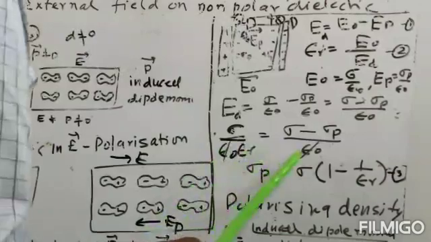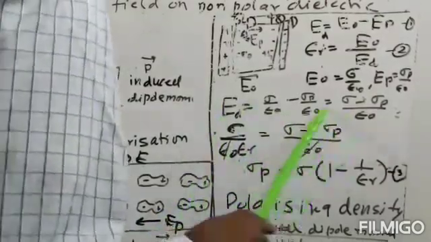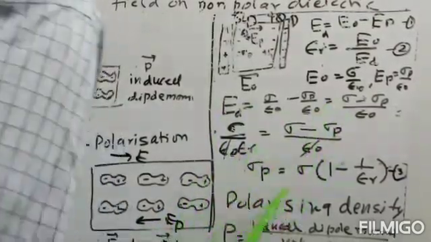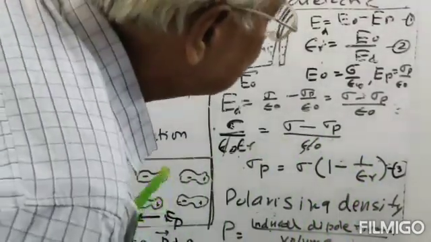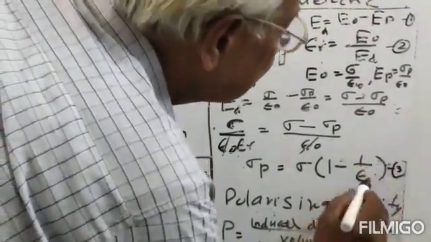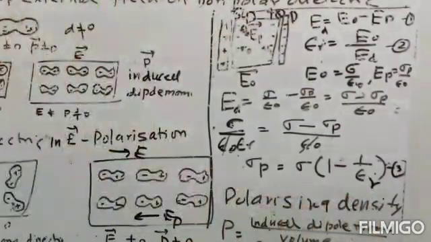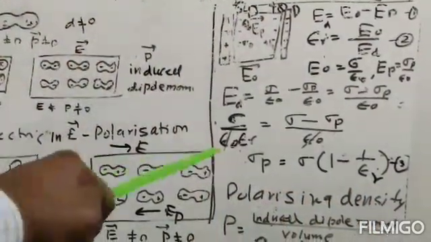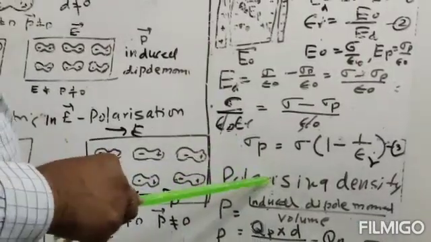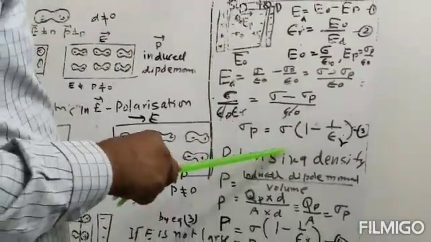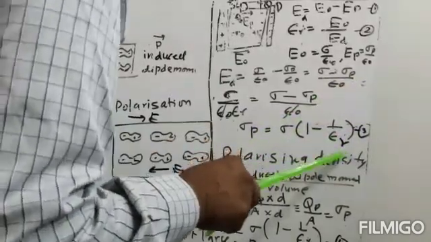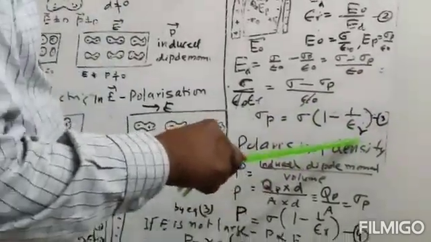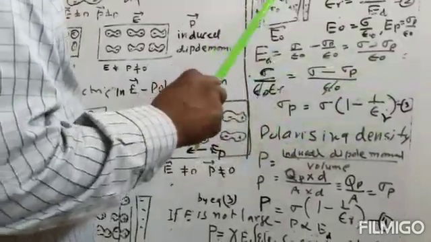So here epsilon 0 will be cancelled and we can find the value of sigma p. Sigma p will be equal to sigma times the bracket 1 minus 1 by epsilon R. So this will be the relation between the charge density due to polarization and the charge density of the plate, and epsilon R is the dielectric constant or relative permittivity of the dielectric.